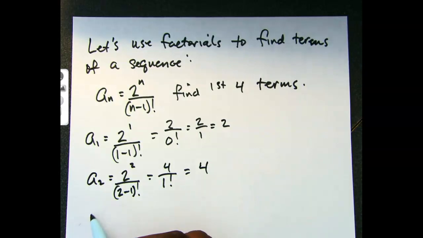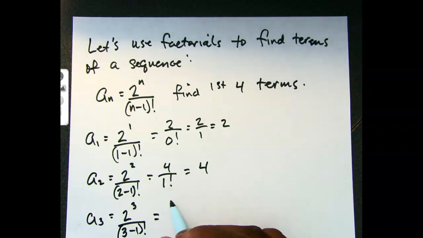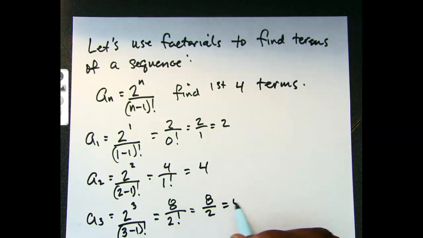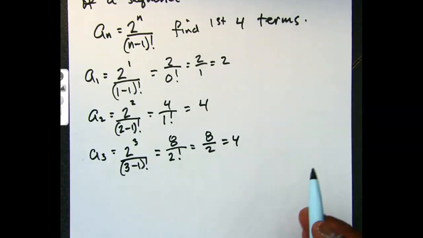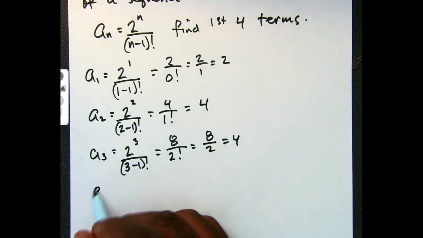A sub 3, well, that's going to be 2 to the third over 3 minus 1 factorial. 2 to the third is 8. 3 minus 1 is 2, over 2 factorial. So that's 8 over 2, and that one's 4. So a sub 2 and a sub 3 are both 4.